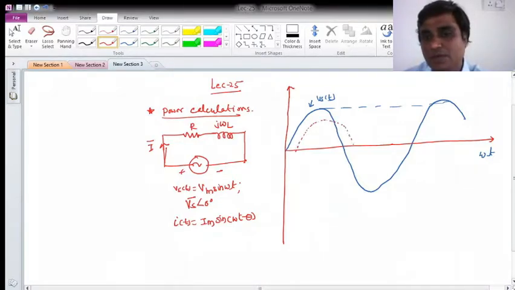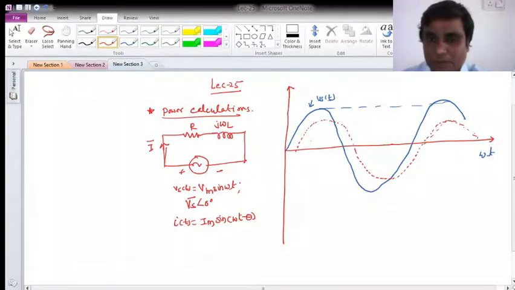So my current waveform will look like this, and this is an angle theta. These are my two waveforms, and this is my I of t.